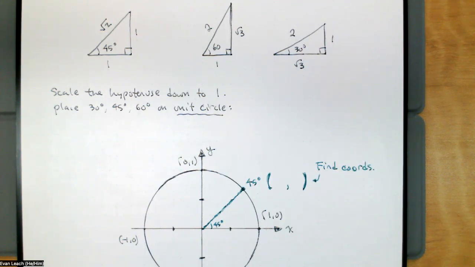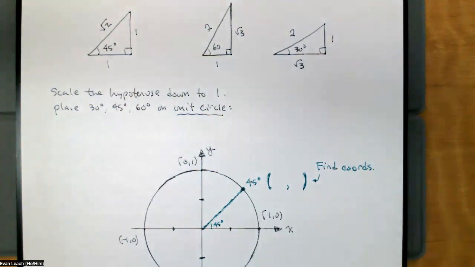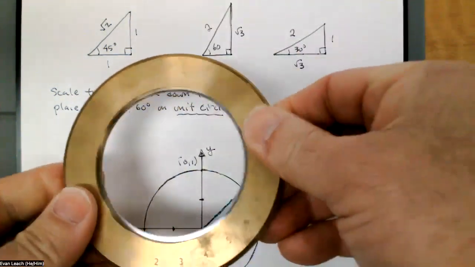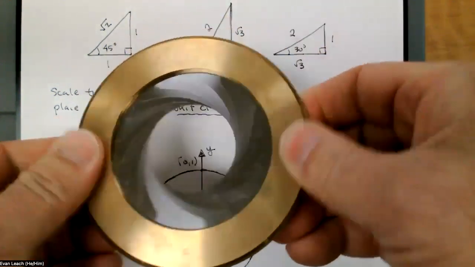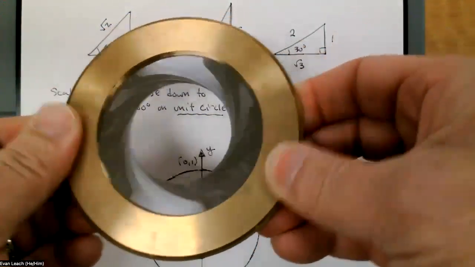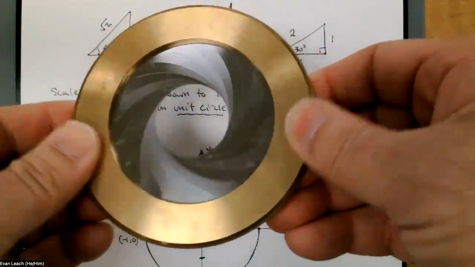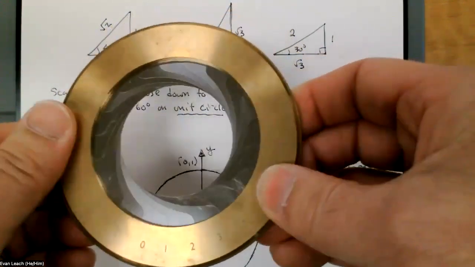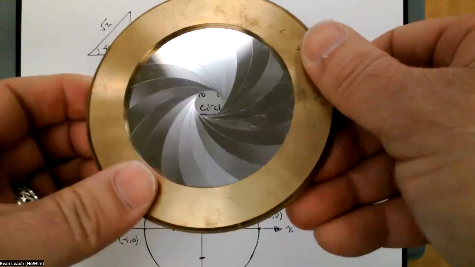It doesn't have to be perfect. You don't have to have your fancy circle drawing tool like mine, because I have this cool circle drawing tool. Isn't this cool? I have my own personal one.